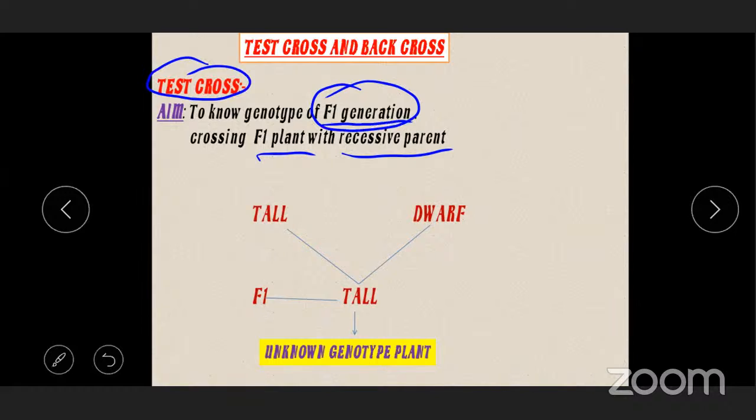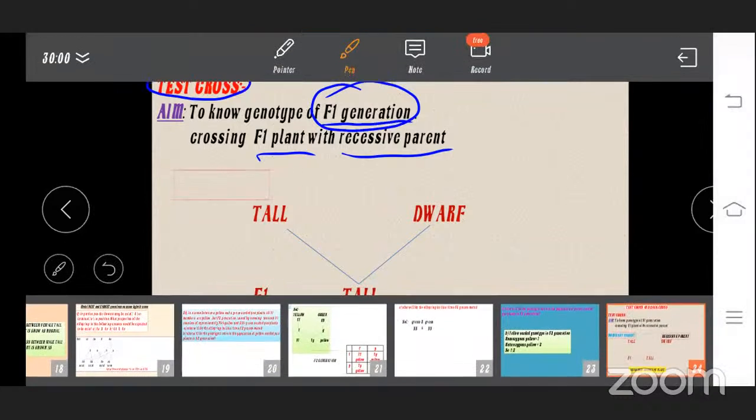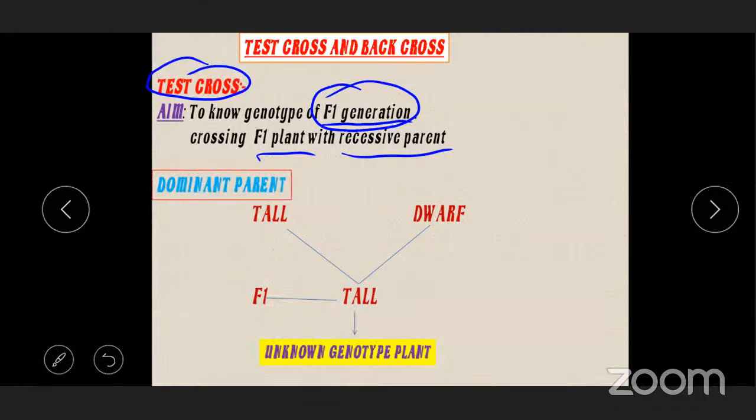The parental character which does not express in the F1 generation is known as recessive. Here the dominant parent is tall. The recessive parent is dwarf, because the dwarf character is not expressed in the F1 generation.